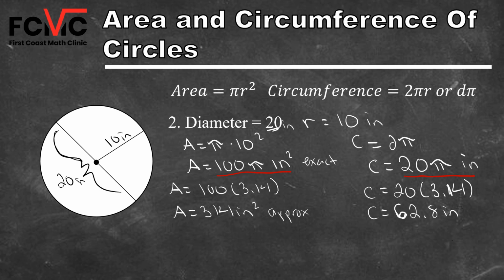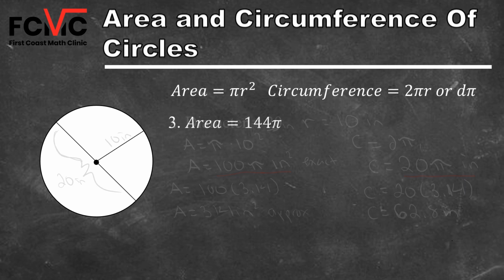All right, let's get into example number 3. So for example number 3, we know the area is 144 pi, and let's include a label here. Let's say this is feet squared.